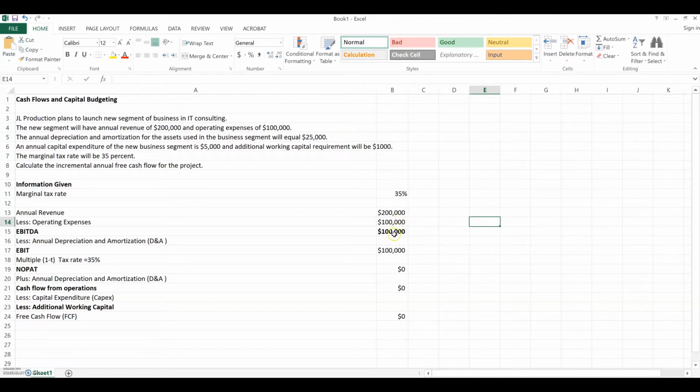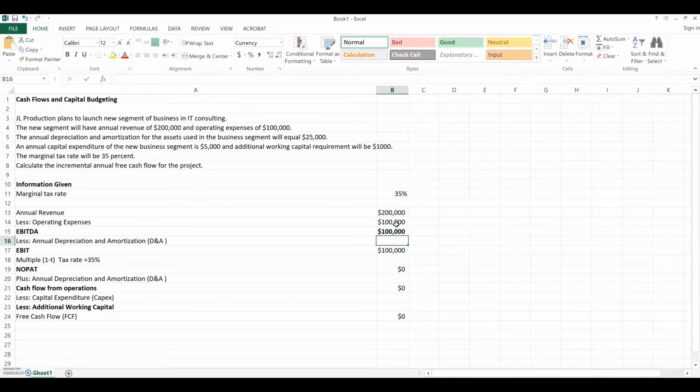And as you can see here, I have just simply deducted the operating expenses from the annual revenue, and that gives you $100,000 as EBITDA. So let me just quickly show you. You have to enter equal to, then click on the annual revenue minus the operating expenses, and that will give you the EBITDA.